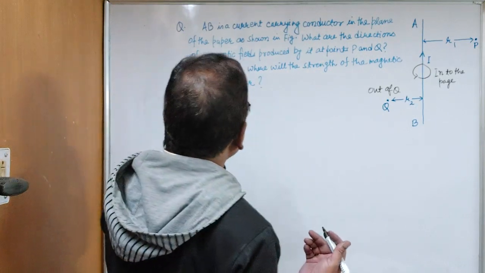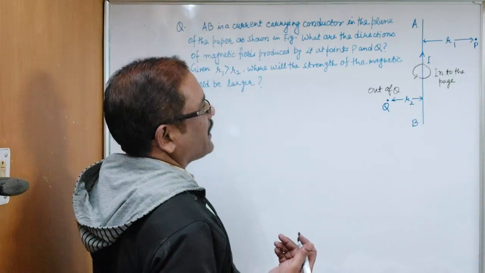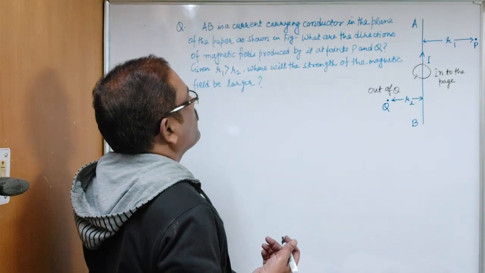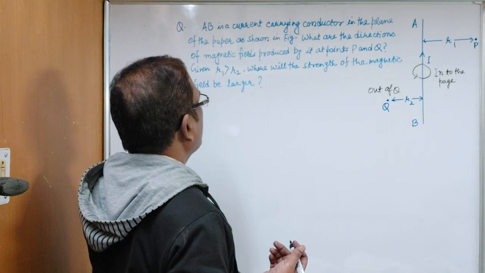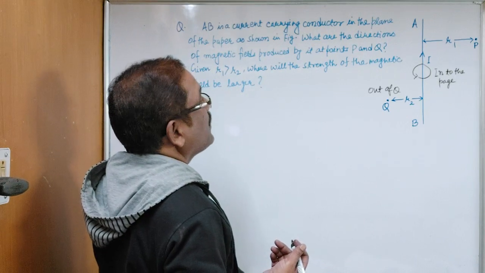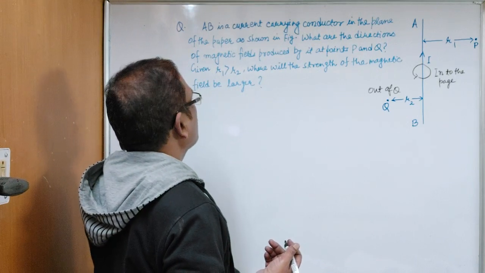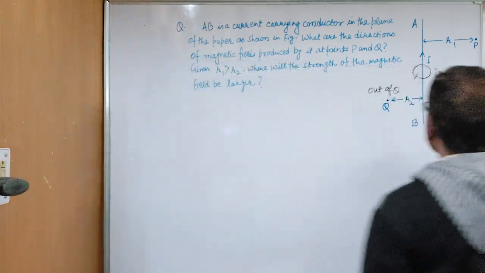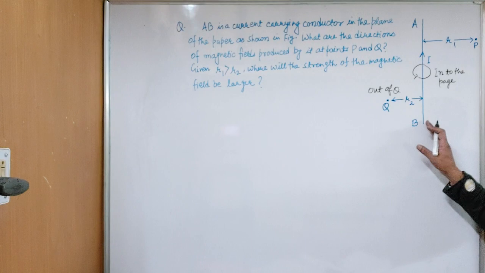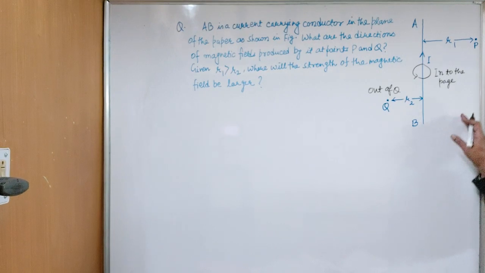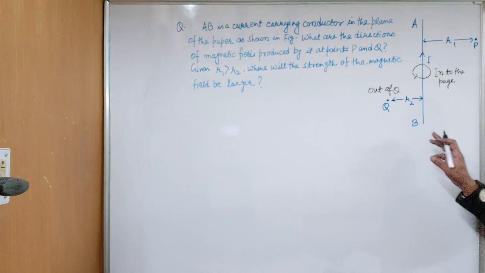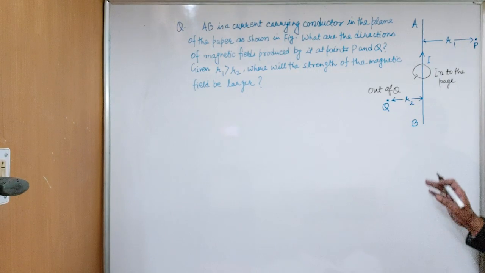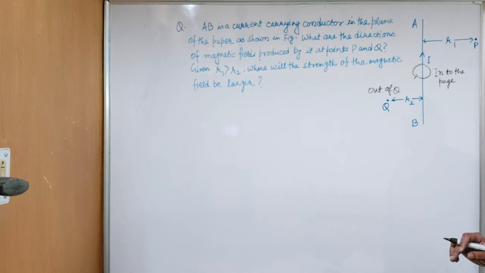Then given that R1 is greater than R2, where will the strength of magnetic field be larger? As we move away from a current carrying conductor, the strength of magnetic field decreases, and when it is close to the conductor, then magnetic field will be larger.